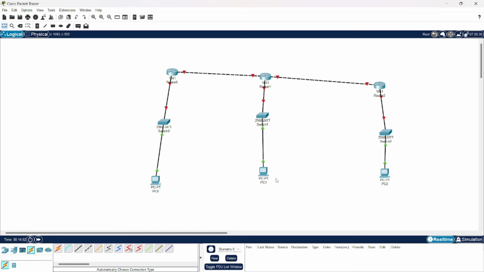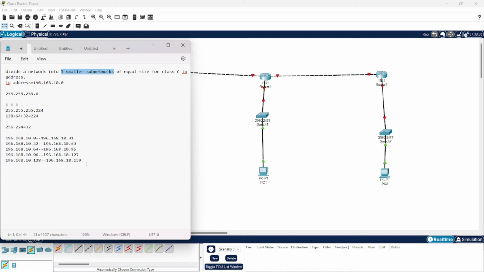The connections are now done. Now I would assign them IP addresses. This would make my first network, and this one would make the second network. This would be the third network, and this would go for the fourth, and this one would go for the fifth network.